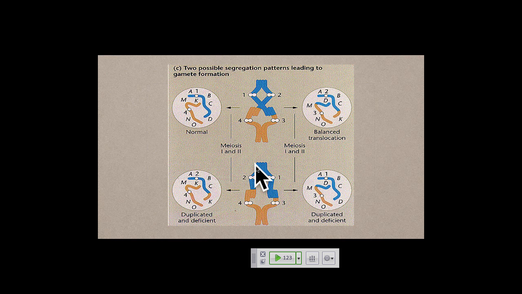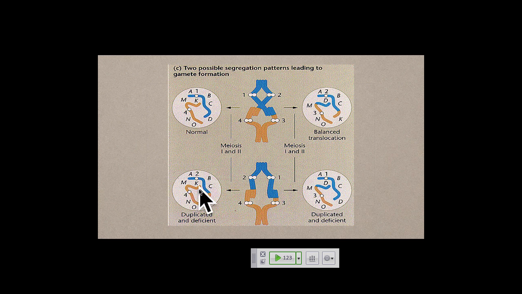50% of the time, they can line up like this. So now all we've done is keep 3 and 4 in the same position, but reverse 1 and 2. Now you get one normal chromosome and one translocated chromosome. And the same thing over here. Now what's happened? You have duplicated sequences for D, and K is missing.